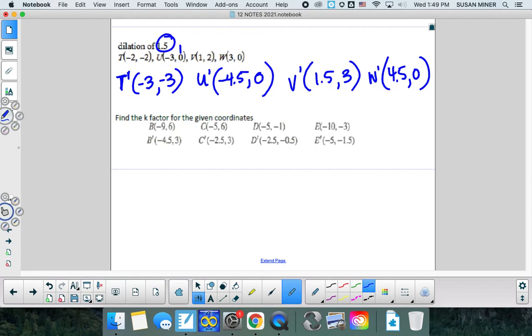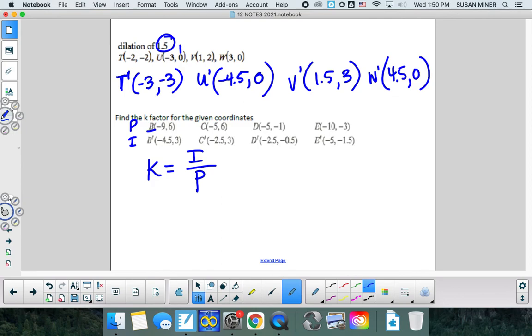What if I have the coordinates for the pre-image and the image, or let's say the original image and its dilation? Well, then remember, all I have to do is go through and divide the image by the pre-image. So for scale factor, let's put this in our notes: K is equal to the image divided by the pre-image.